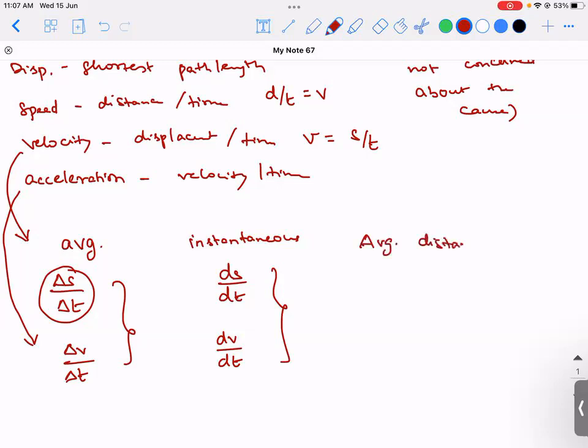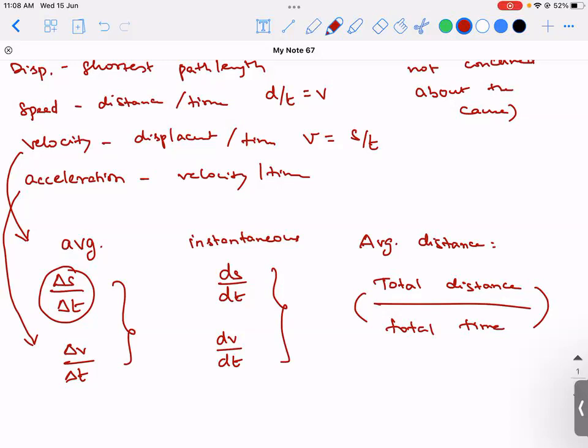Then what about average velocity? It is the total displacement divided by total time. When you say displacement, you need to take the direction also into consideration. When you calculate distance, you only add the scalar part, whereas for displacement, you add the directions as well. It means you need to start writing them in the form of a vector.